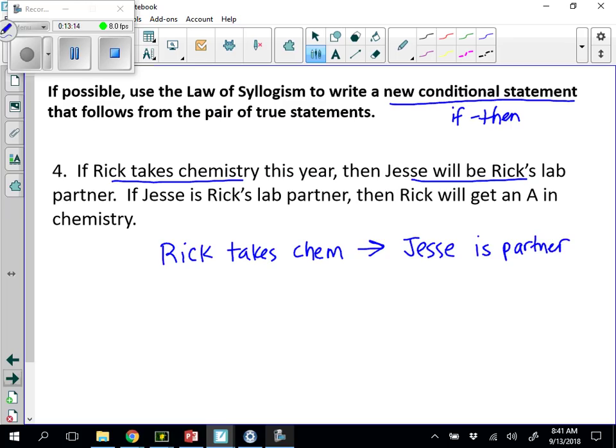Okay, so I just sort of broke it down into hypothesis conclusion. Okay, next one says, if Jesse is Rick's lab partner, Rick will get an A. So, Jesse is partner will lead to getting an A.